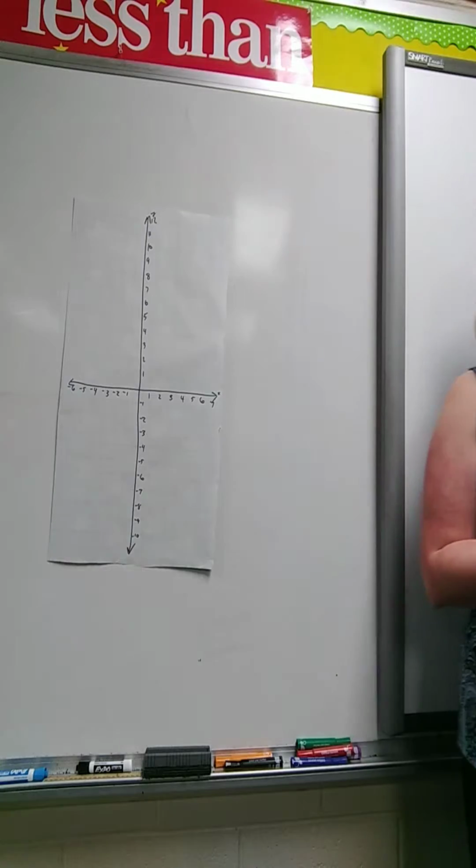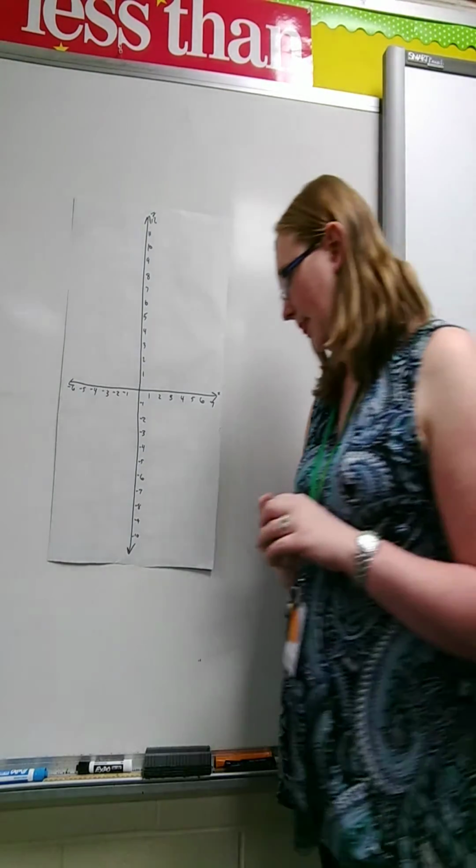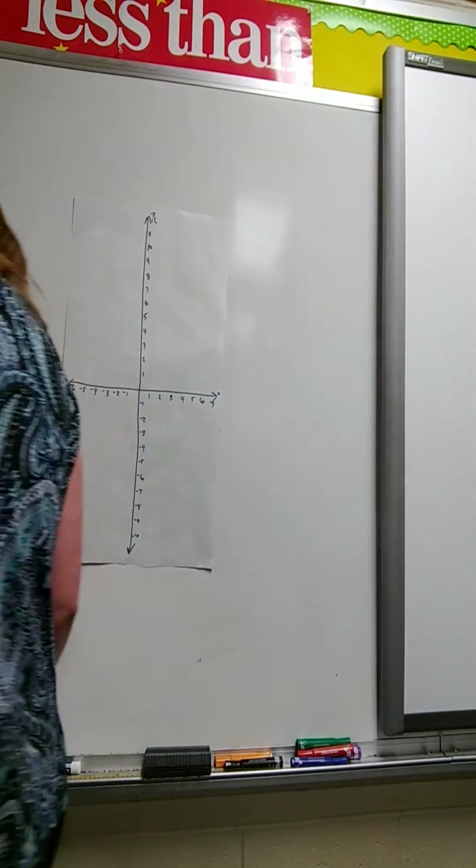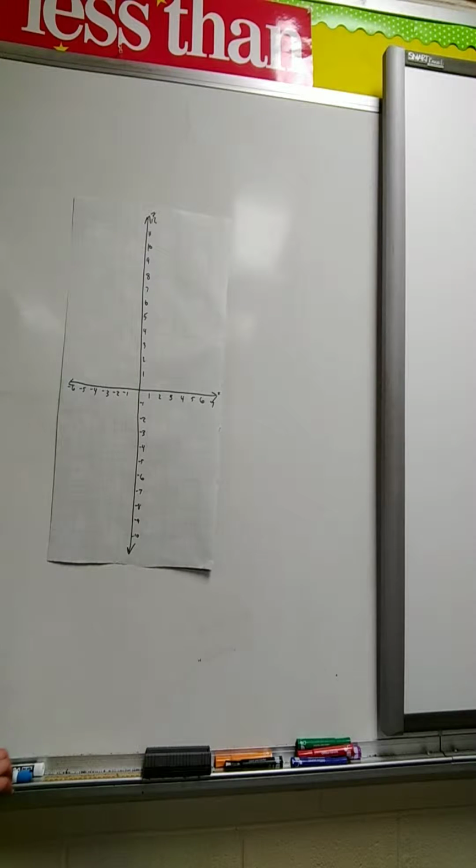It will pass through the y axis, but if I'm looking for something written in slope-intercept form, what format is that equation going to be in? Y on the left side.